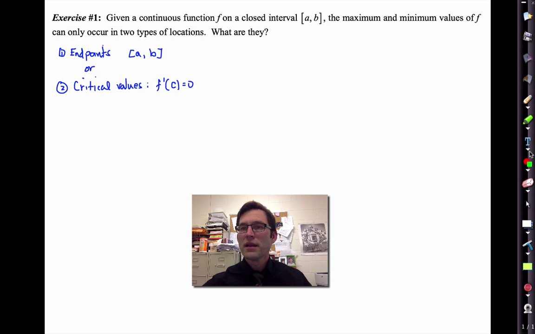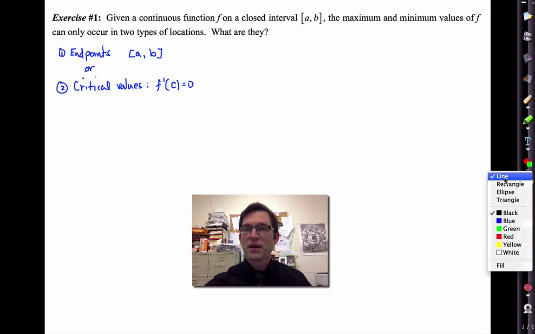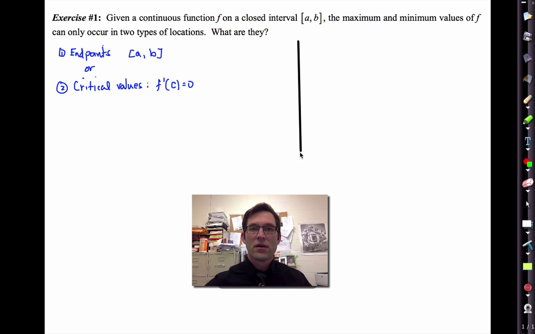Again, let's make sure that we understand this. I'm going to just really quickly draw a set of axes. Let's say we're going from point A to point B, and we have something that looks like this.